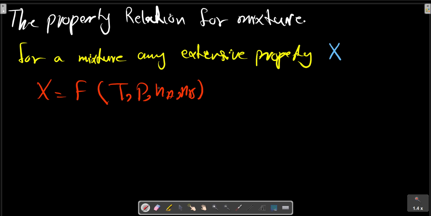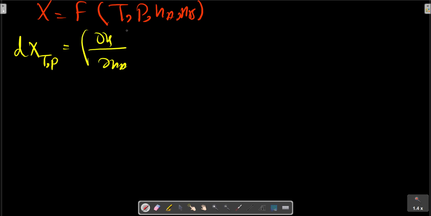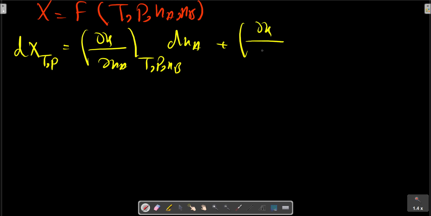Therefore, dX at constant T and P equals ∂X/∂NA at T, P, NB constant times dNA, plus ∂X/∂NB at T and P constant and also NA constant, times dNB.